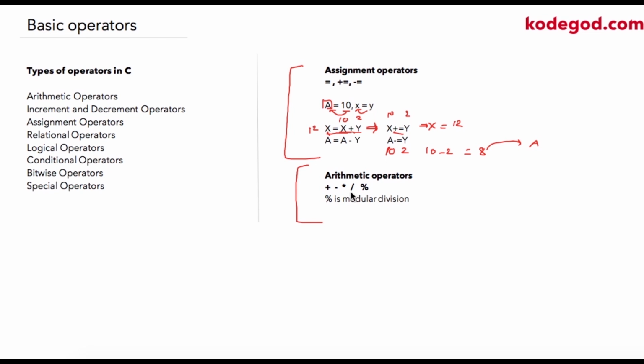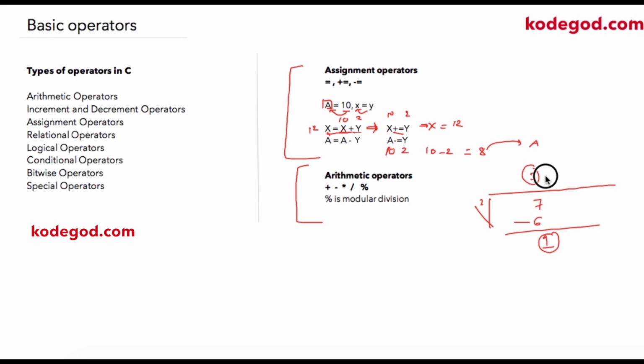There's a difference between division and this percent sign. In case of normal division, suppose I am going to divide 7 by 2. In this case, this will be the result of my division, and this will be the result of my percent sign. So when I write an instruction like 7 divided by 2, my output will be 3.